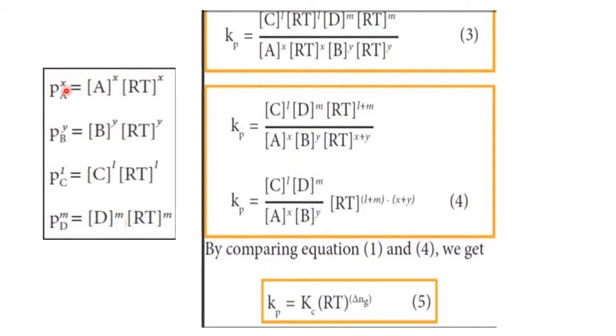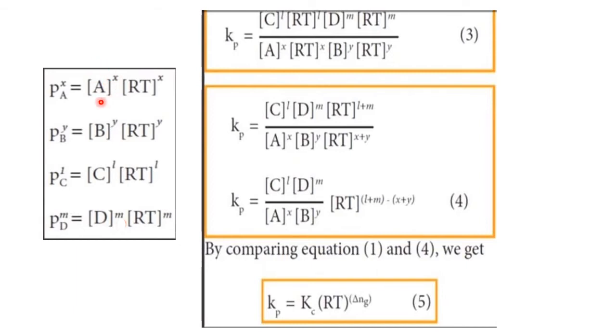So we can write the partial pressures, because in Kp you have 4 terms: P of A power X, P of B power Y, P of C power L, and P of D power M. First, how to write P of A power X. We already know that partial pressure is equal to concentration into RT, where n by V is concentration.